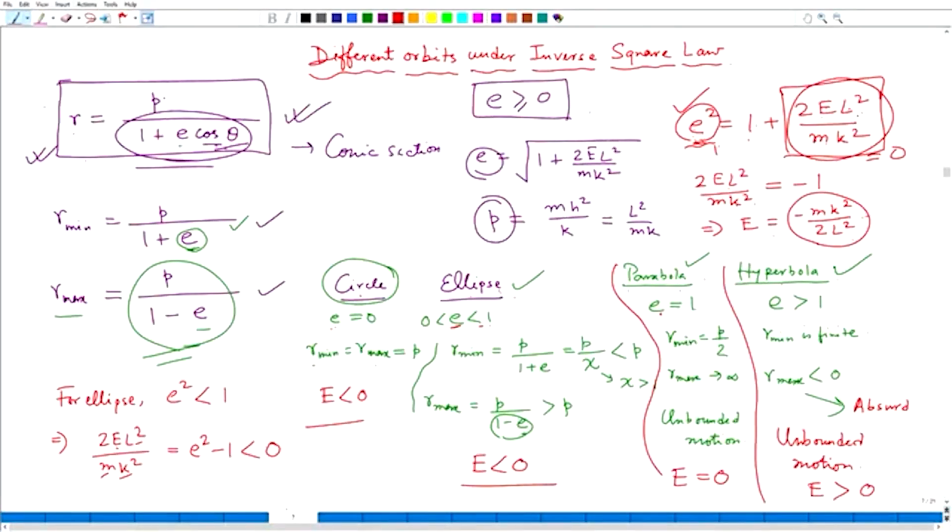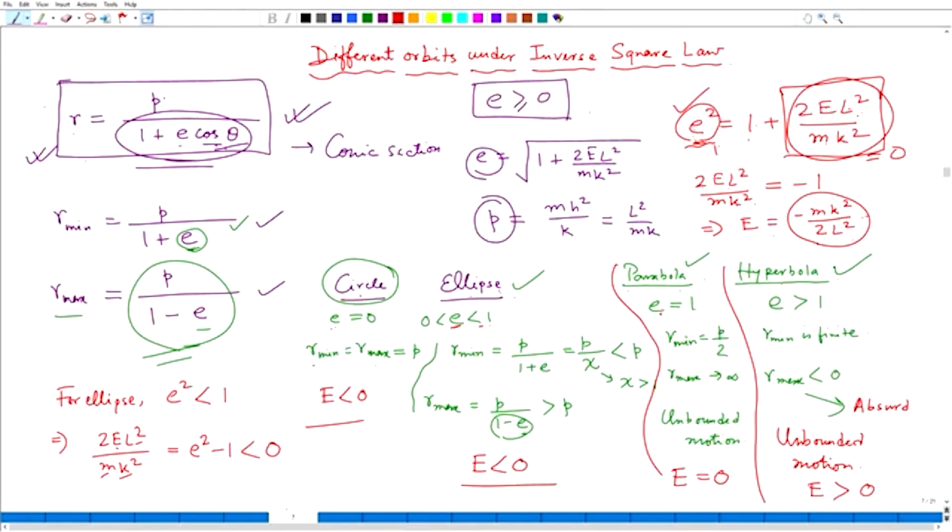You can see them at an interval of several years, and for those you have to understand that they are moving in a closed trajectory. So although they are comets, their total energy is negative, otherwise you cannot see them once again.